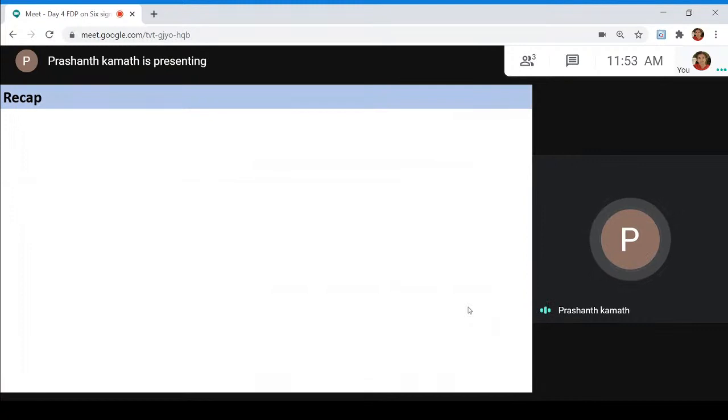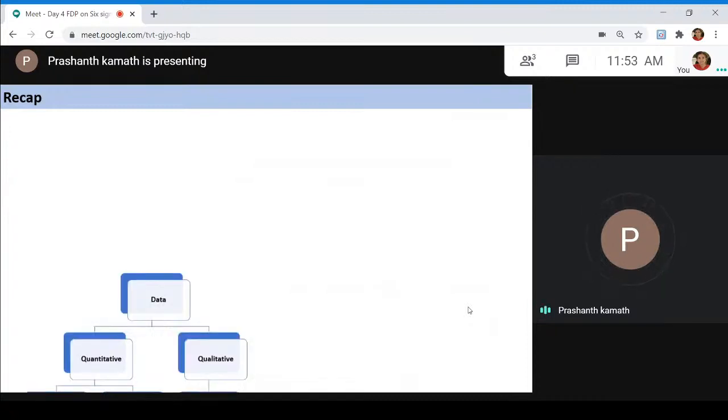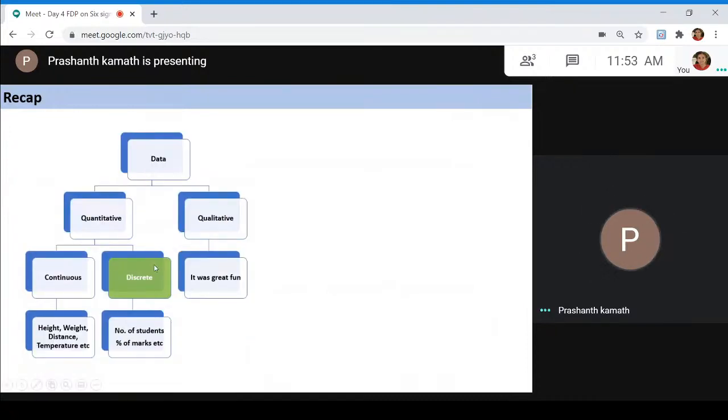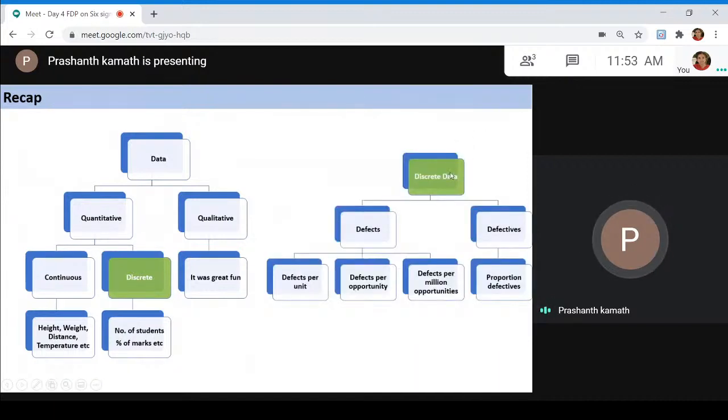Let me quickly give a recap of what we learned in the second half of the session after the break. We first understood what discrete data means. And within discrete data, we saw defects and defectives.